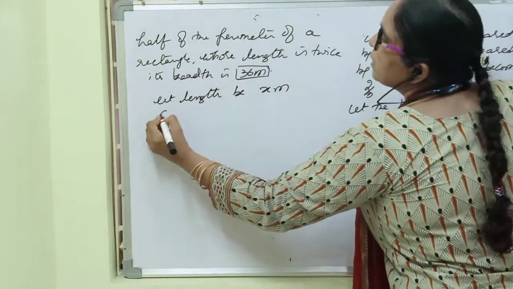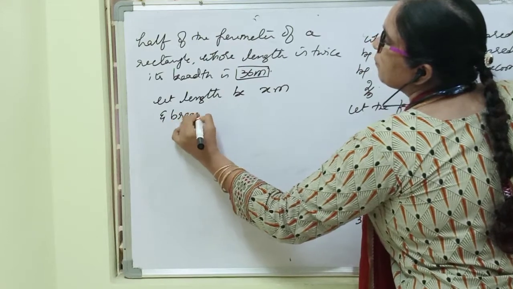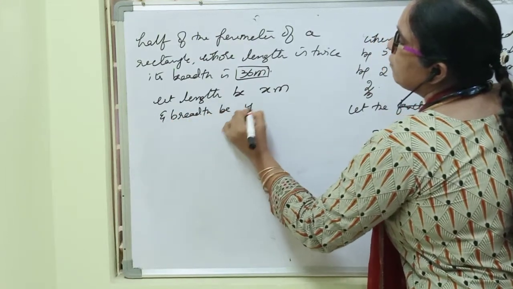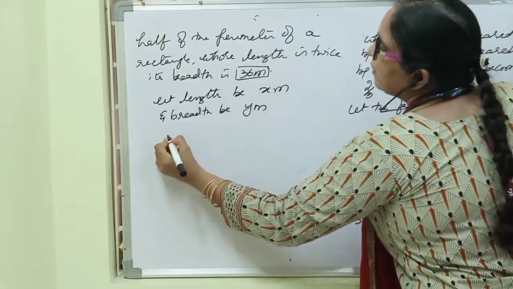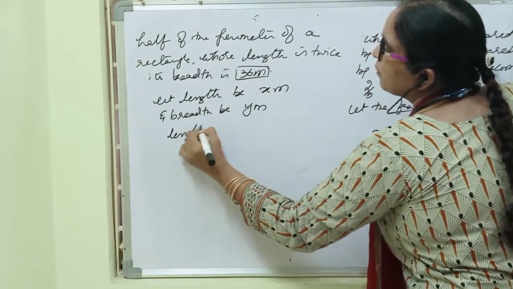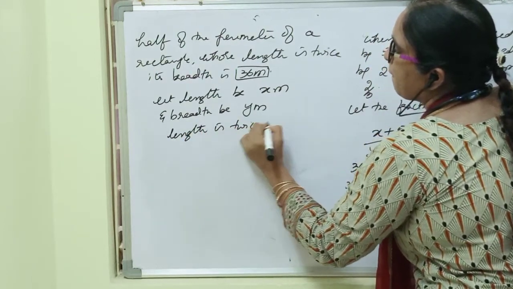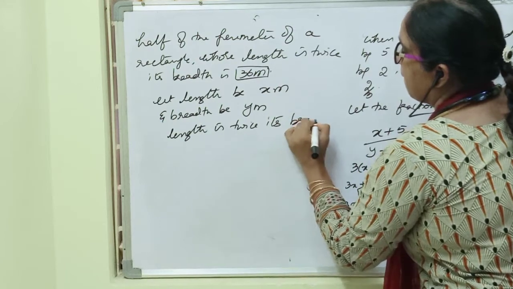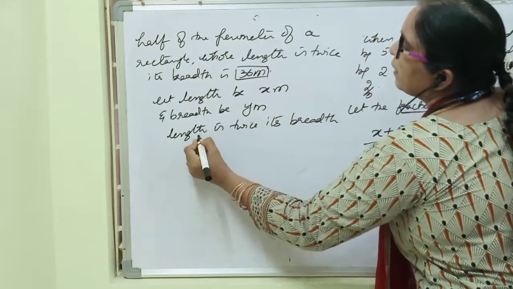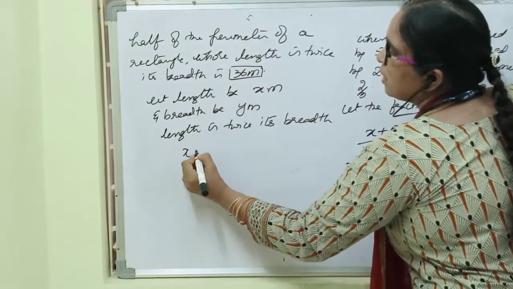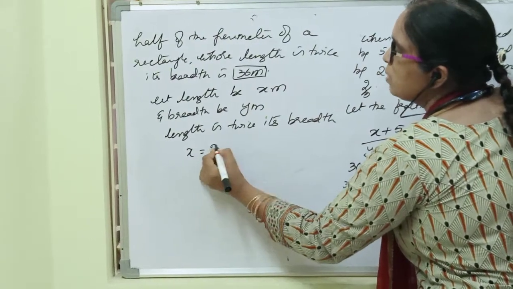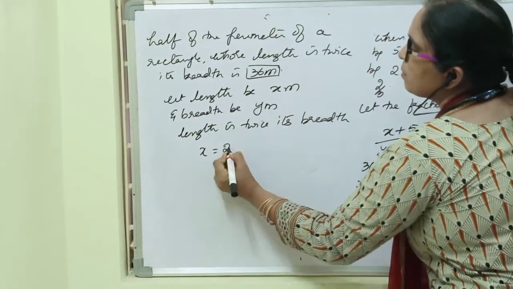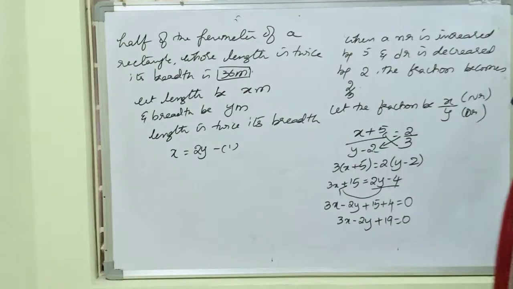Let length be x meters and breadth be y meters. What did he say? Length is twice its breadth. Length means x is equal to twice, and twice means 2 into breadth. What is the breadth? 2y. This is our first equation.